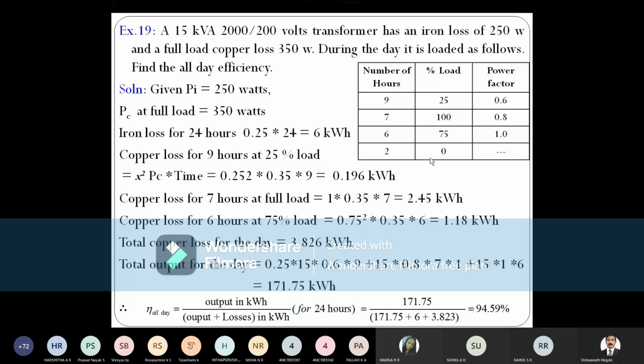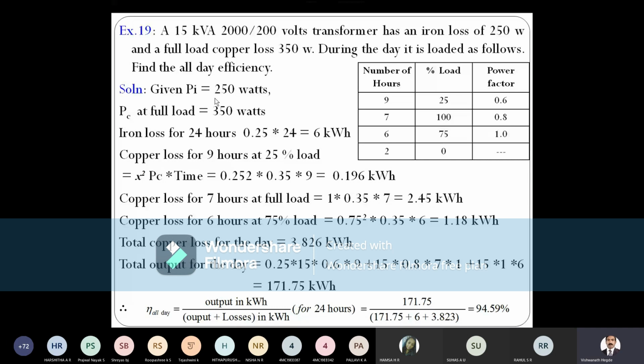So now, based on the data given, we will try to solve the problem. He has given iron loss is 250 watts and full load copper loss is 350 watts. We know iron loss is constant loss and the copper loss is variable loss. Iron loss is constant, so it will not vary.